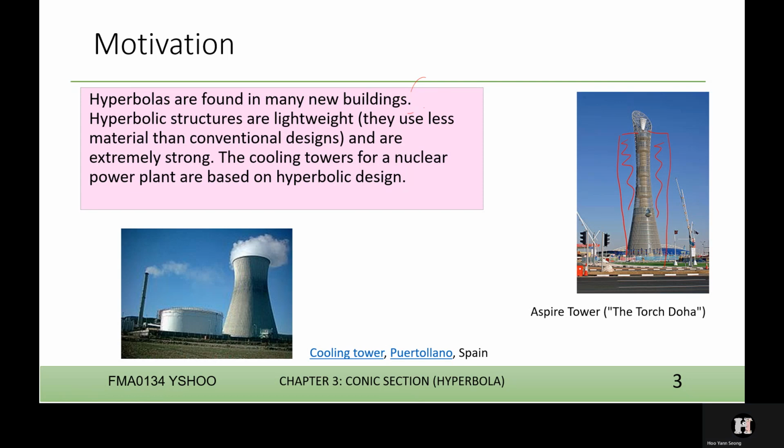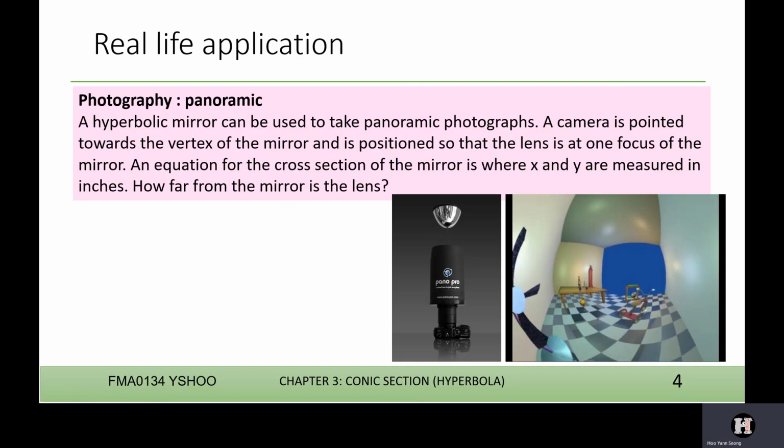And then another one is in photography. Maybe years ago, some people loved to take photos in a panoramic way, so this also uses the lenses of a hyperbolic mirror.